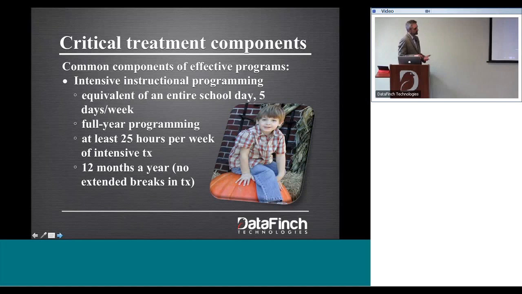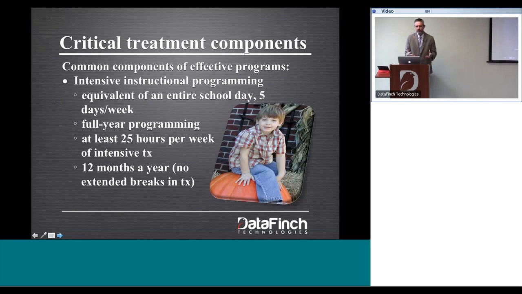It's also important that intensive instructional programming includes at least 5 days a week. You can think about it like a full-time job, right? So if you look at, I guess it's the third bullet point here, at least 25 hours a week of intensive intervention.